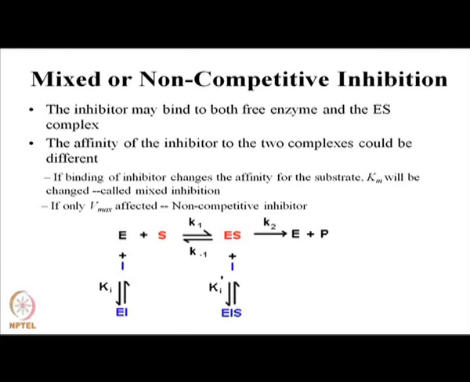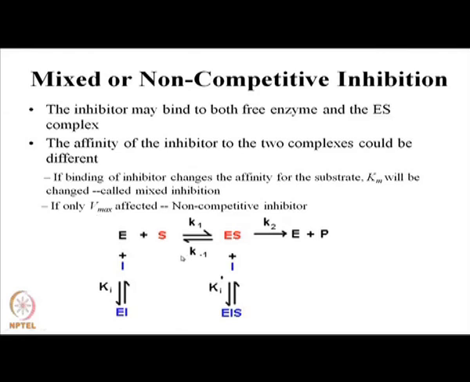If binding of inhibitor results in a change of affinity for the substrate, Km will be changed, and the name is mixed inhibition. Okay, if Km is changed, but if only Vmax is affected, then it is called non-competitive inhibition. Okay, so two situations: mixed inhibition, Km will be changed; non-competitive inhibition, Vmax will be affected.